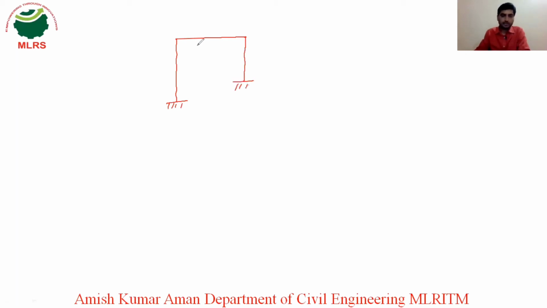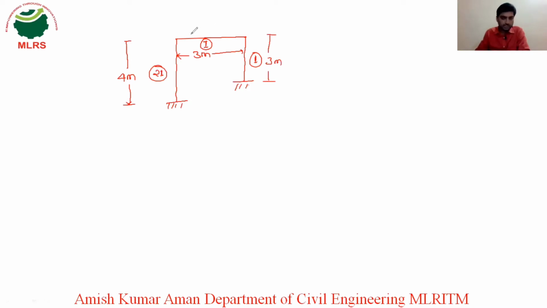This is I, this is your 2I, and this is your I. The span is 3 meter, here to here the span is 4 meter, and this span is again 3 meter. This is the given frame.